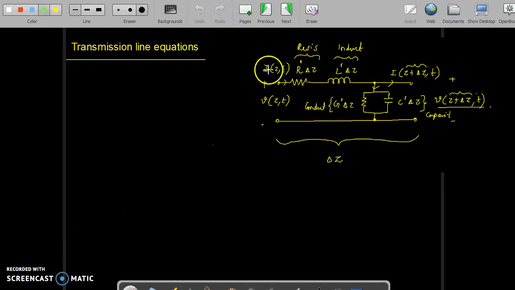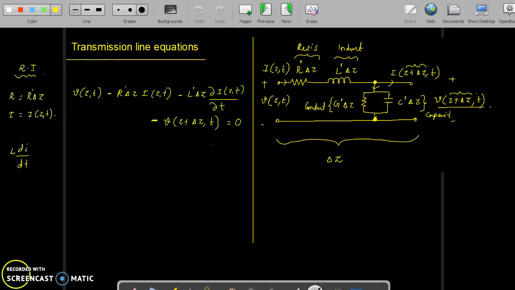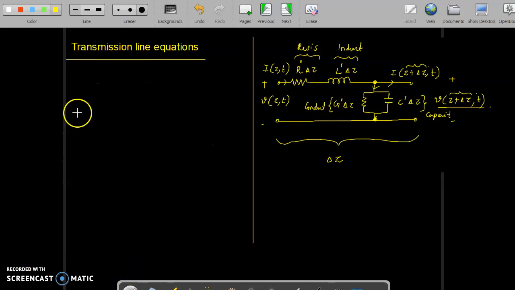If you take this network, here we can see that there is a voltage V of Z comma T, minus the voltage drop across the resistance.